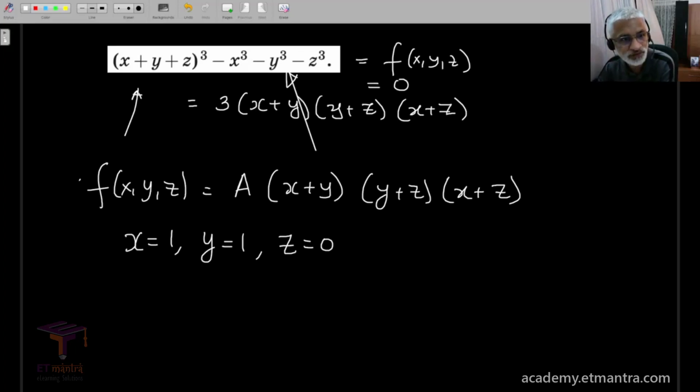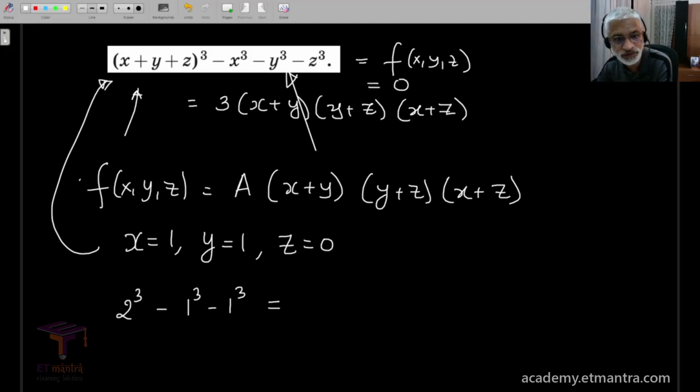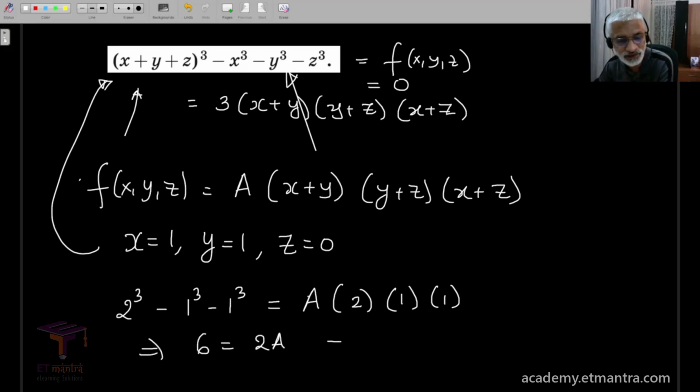So therefore, substituting these values here, what you get is 2 cube minus 1 cube minus 1 cube is equal to a times 2 times 1 times 1, and this would mean 6 is equal to 2a, and this would mean that a is equal to 3.